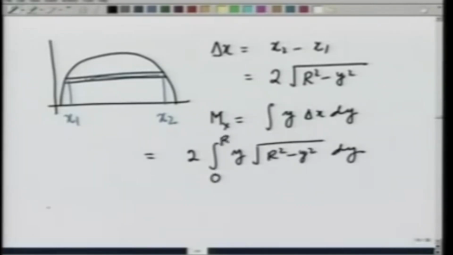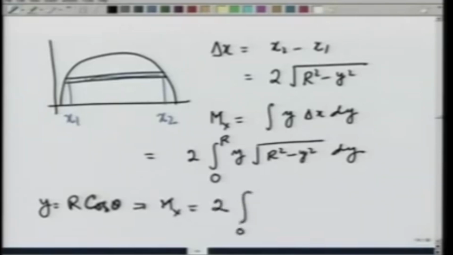Let us take y equals r cosine theta, so that mx becomes equal to 2 integration 0 to pi by 2 r cosine theta times r sin theta times dy, which is r sin theta d theta.